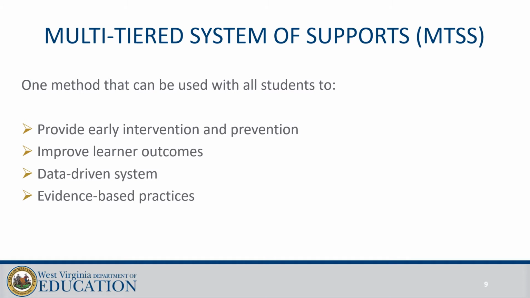Students in the general education setting can be assisted through MTSS, or multi-tiered system of supports. The goal of MTSS is academic achievement for all students through early intervention and prevention. This school-wide MTSS system is data-driven and utilizes evidence-based practices.